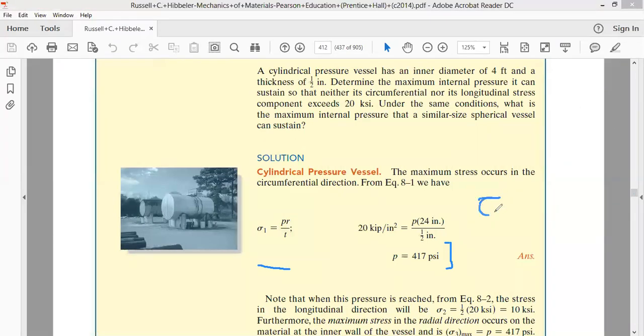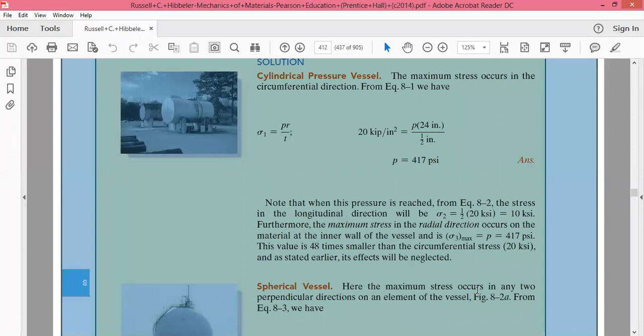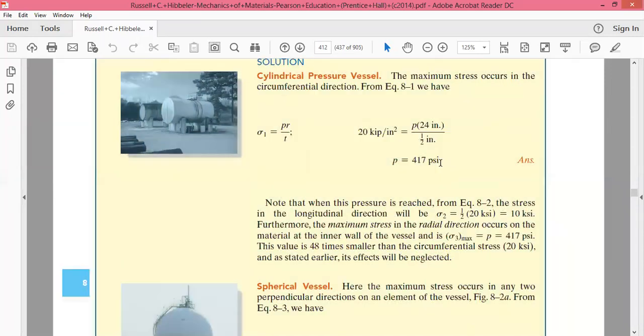Now, as far as hoop stress is concerned, the longitudinal stress is PR by 2T. So the same process you will use. The value of P will come out twice the value when you apply PR by 2T.